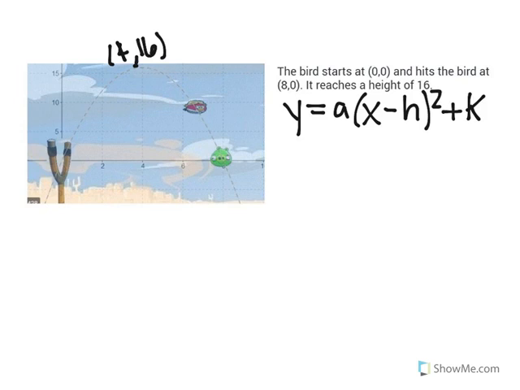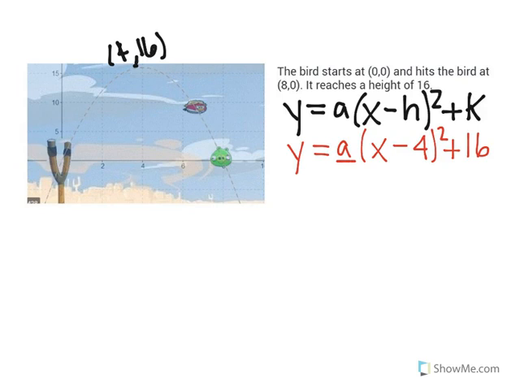So after finding the vertex, I can plug my vertex into the equation. I take the 4 and the 16 and I plug that in for h and k. My goal for this problem is to solve for a.